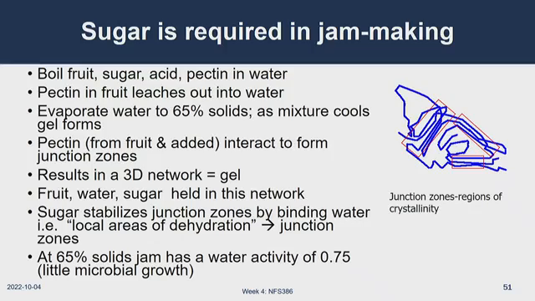And this binding helps to stabilize the junctions. The junctions are no longer in contact with a high amount of water, so they are more stable. So the water activity drops because of evaporation and because of the binding with the sugar. And the drop of the temperature is what helps preserve the jam.